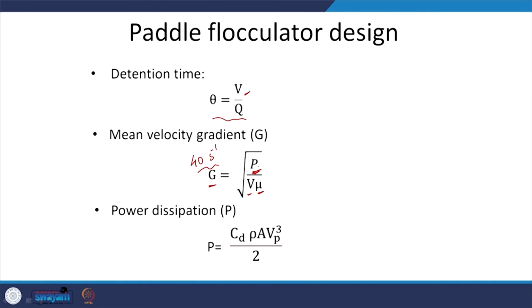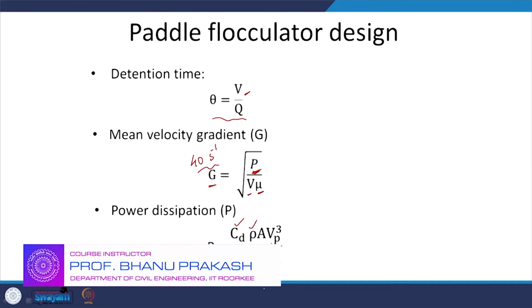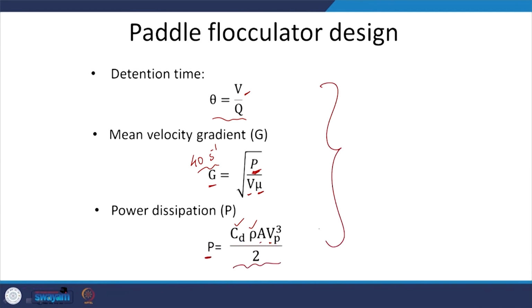So I already have the power. Power I can use and plug in here. This is the power. And once I get the power, I'll have this. I already have coefficient of drag, I have rho, and then area I will get that. Vp squared I'll be able to calculate and then design accordingly. So these are the primary equations we are going to use, but this I'll continue in the next session.